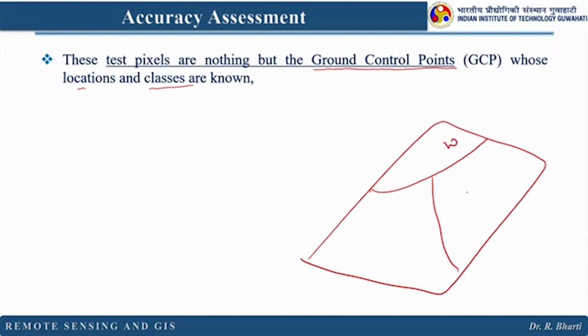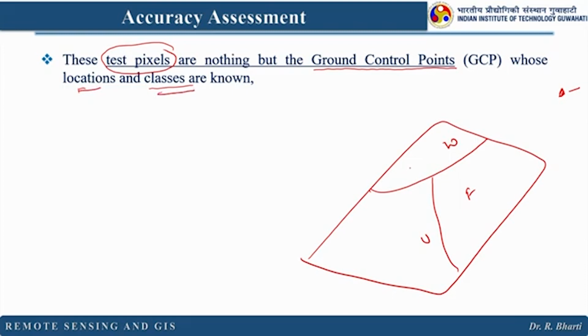This is water, forest and urban area. When you collected the ground control points, which are known as test pixels in accuracy assessment. So here the test pixel I will denote with this triangle, right, and here location and classes are known.